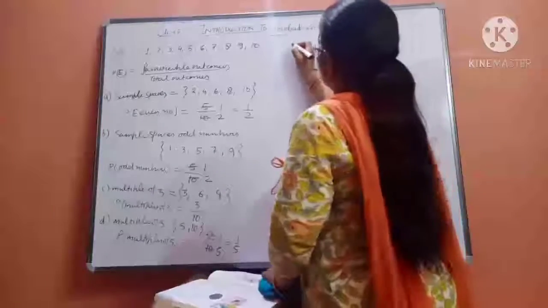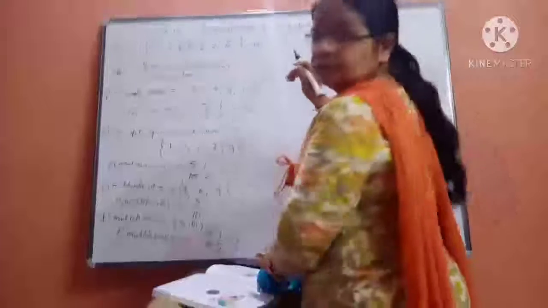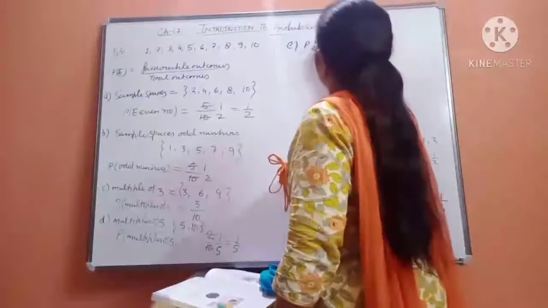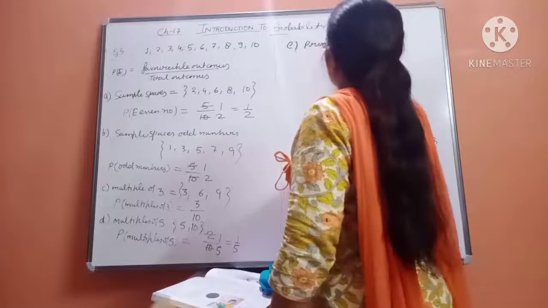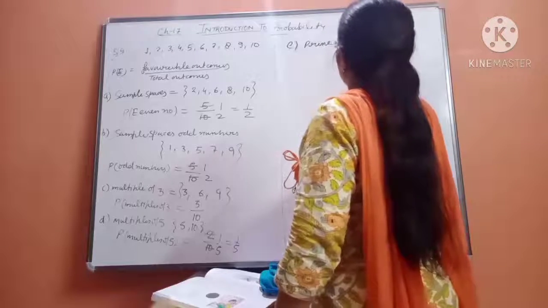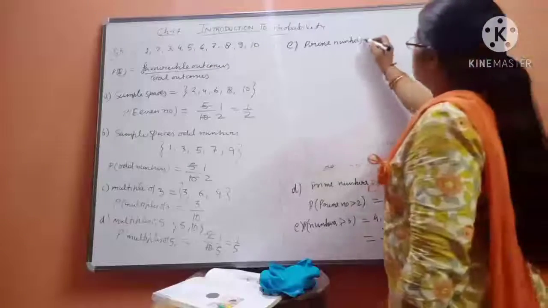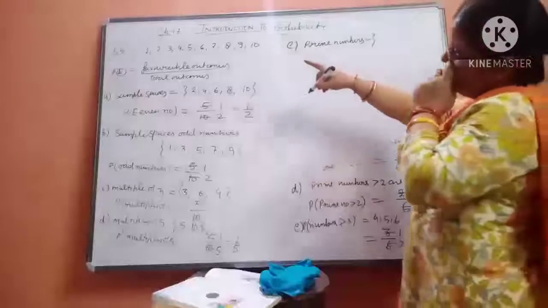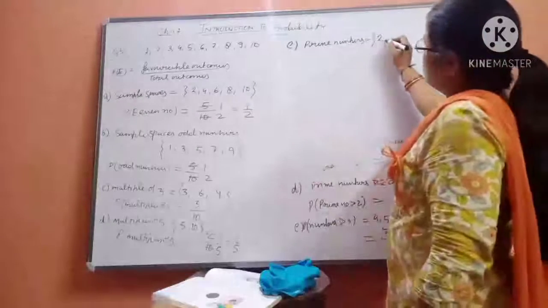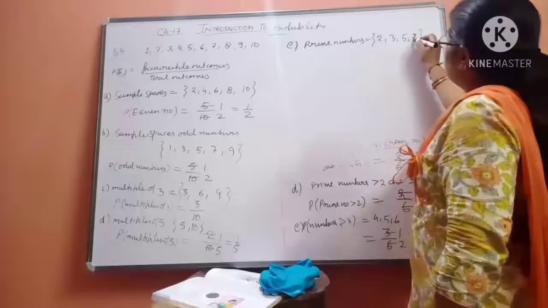This time we have to write prime numbers, and just now I explained what prime numbers are, beta. Prime numbers means the numbers that come only in their own table. So from there, select the numbers that come only in their own table: 2, 3, 5 and 7. These numbers are not coming in any other table.